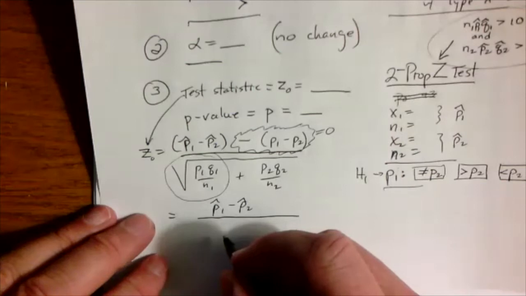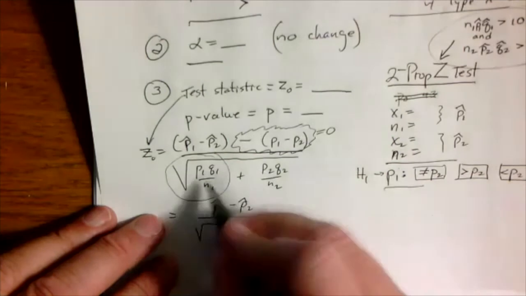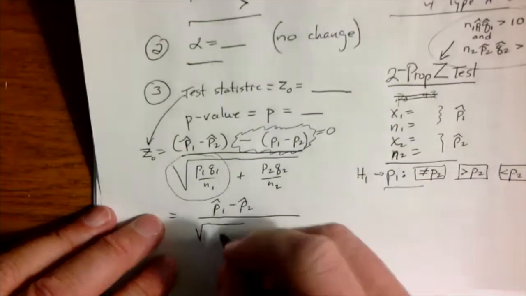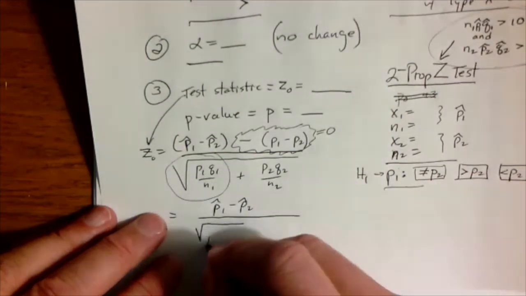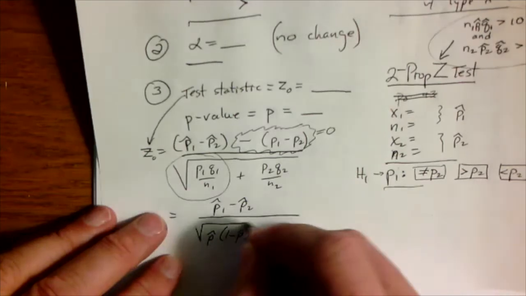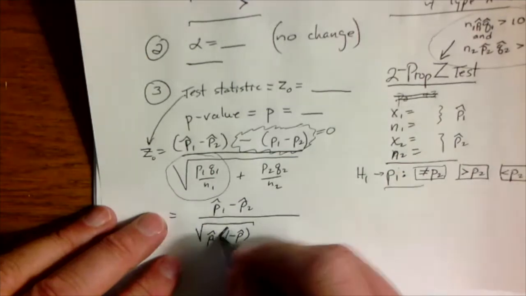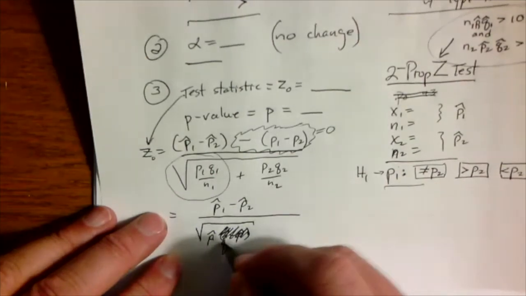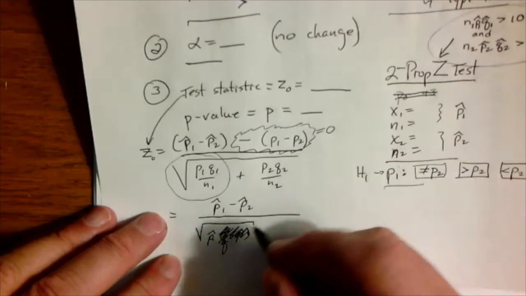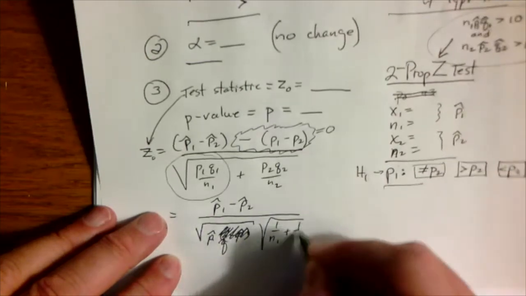You can look in the notes and you can see that this version, if p1 and p2 are equal to one another, simplifies to this. This is p hat, q hat, and then 1 over n1 plus 1 over n2.